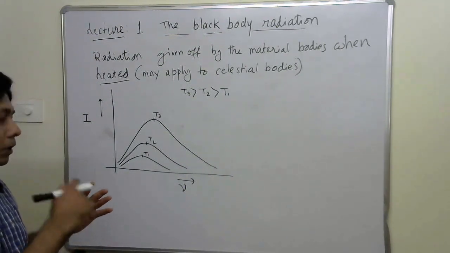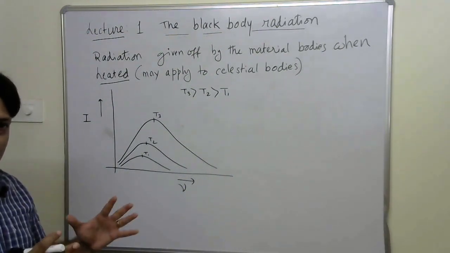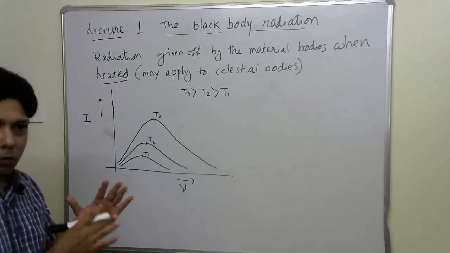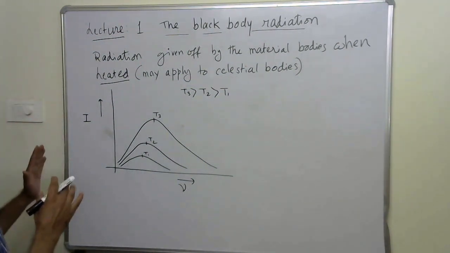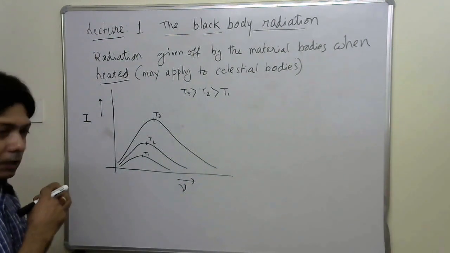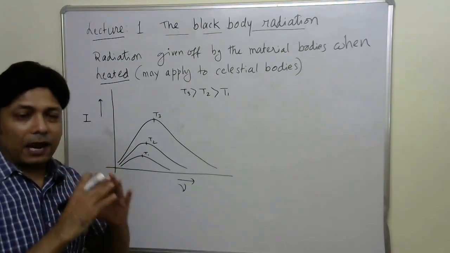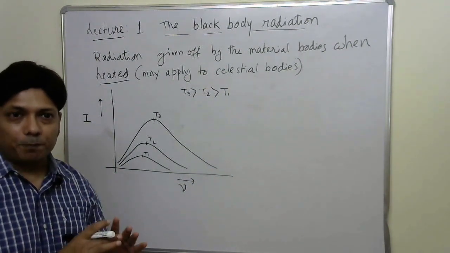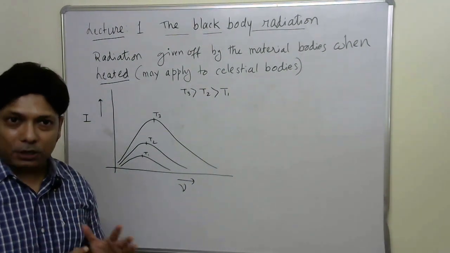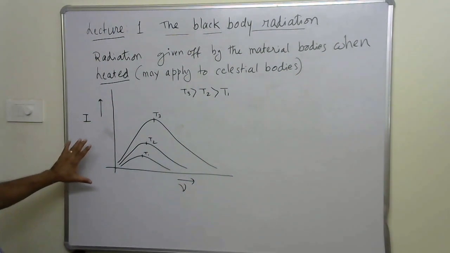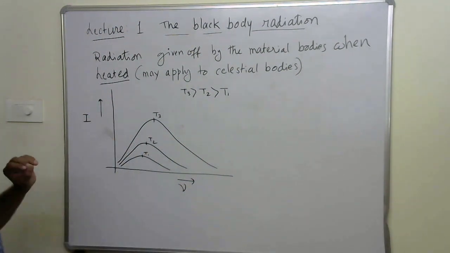All the frequency spectrum of the visible range is supposed to be within the radiation. So that's why it's called black body. Black means everything, all the frequencies, the entire range of the visible spectrum being emitted. That's why such radiation is called black body.